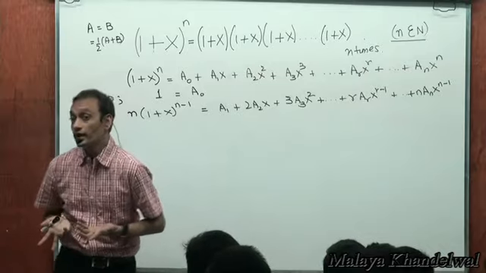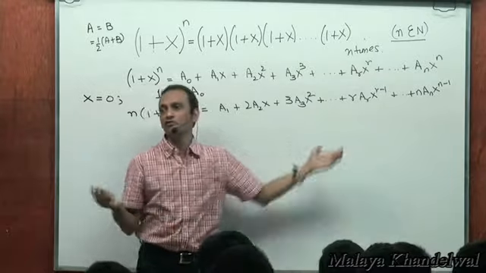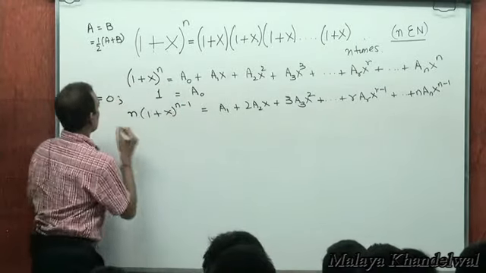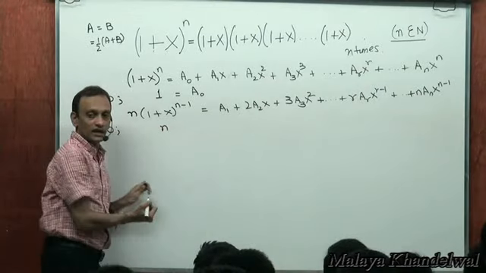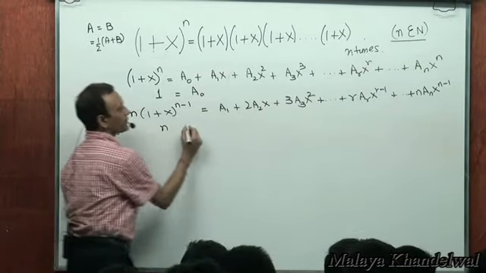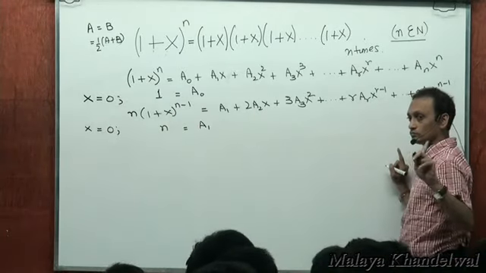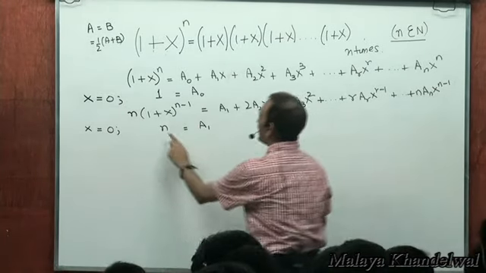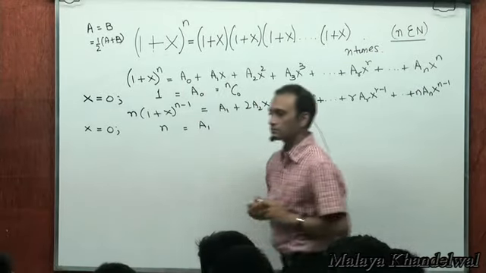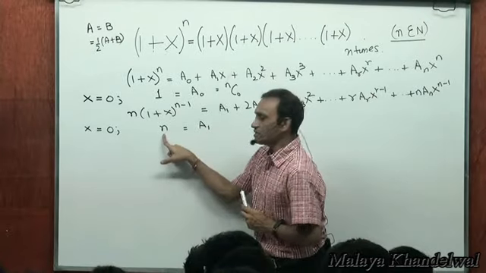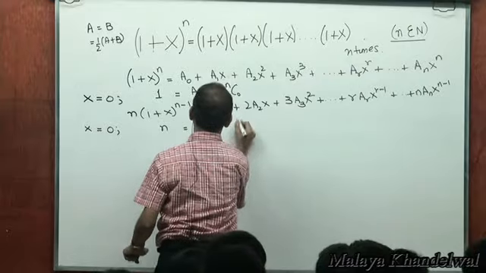Put x equal to 0 again in this newly found identity, right? Plug in x equal to 0 again and you end up getting n on this side, right? That's equal to a1 because all of the terms go into oblivion, right? And a naught, which is 1, is actually nC0, isn't it? a1, which is n, is actually nC1.